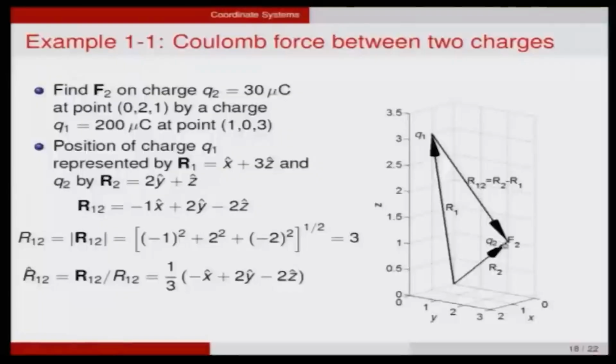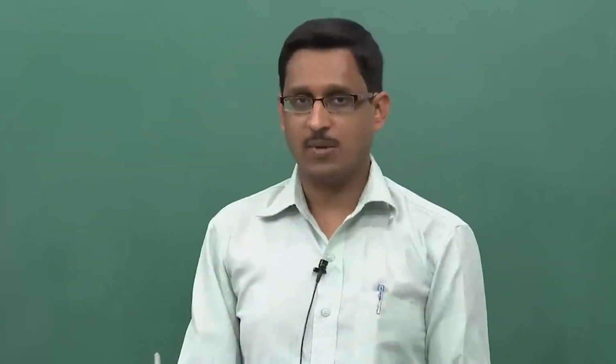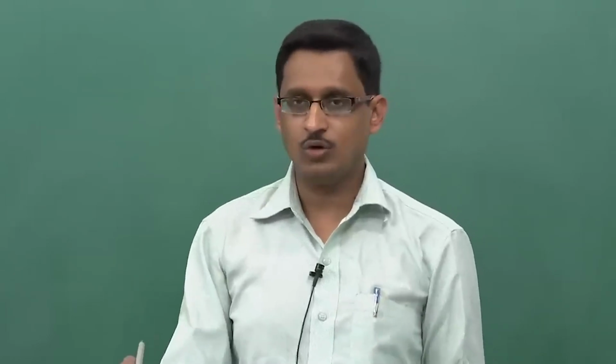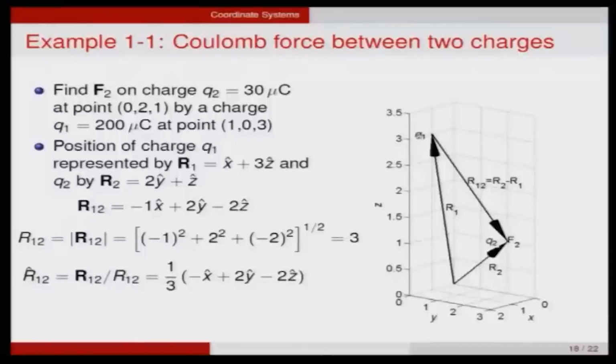Coulomb's law will help us find this, but Coulomb's law requires us to give both magnitude as well as direction. Magnitude is the easier part. Direction is something that we want to understand. If I denote the point where the charge Q1 is placed by a vector r1, and if I denote the point where the charge Q2 is placed by a vector r2, then Coulomb's law also tells me that the force will act along the line that joins the two charges Q1 and Q2.